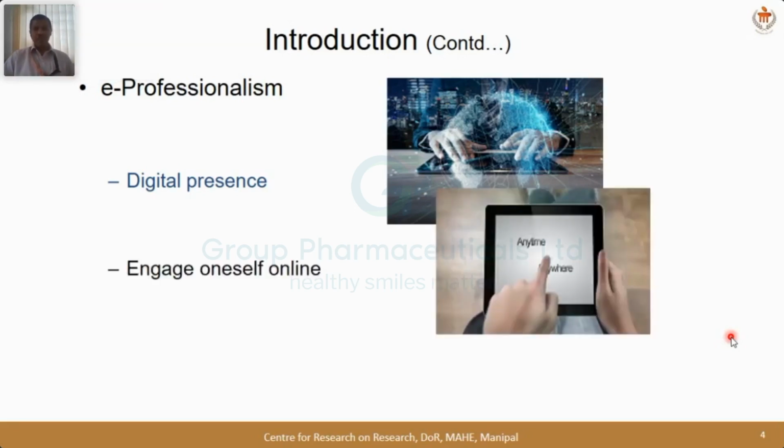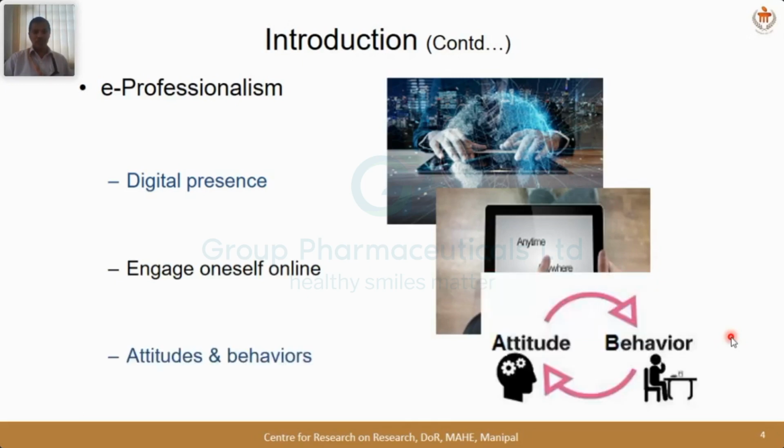But engaging oneself on online digital platforms is a great thing, and that is not exactly in the definition of professionalism, because it's the olden days definition. So engaging ourselves in an online mode is e-professionalism, but we should not post anything and everything that comes. So we should also have attitudes and behaviors.